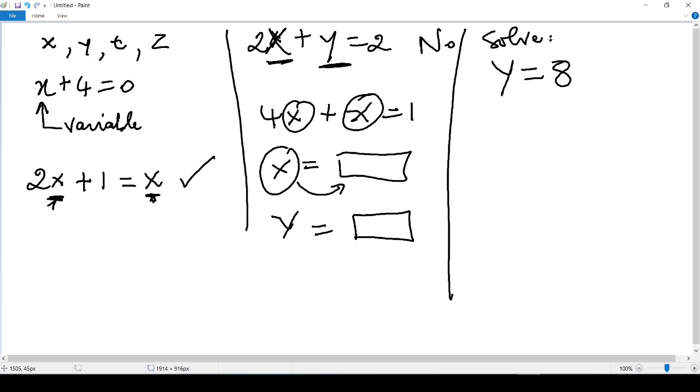And as we can see, the value of y is 8. So we don't need to do anything further for this equation. The equation is also the solution. So my solution is y equal 8.